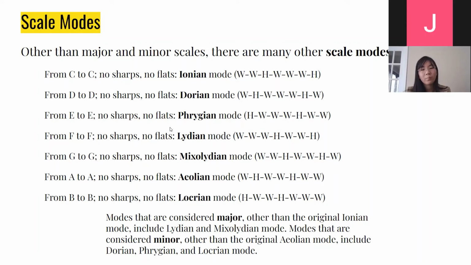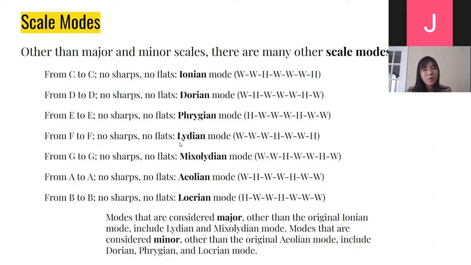You can find a pattern, and you can actually transfer them to different keys, but the flats or sharps that will be present would be different. So they're determined whether they're considered either major or minor in how they sound.